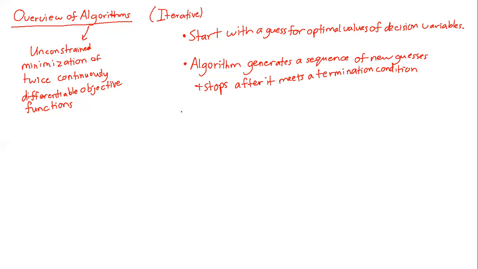And so how do algorithms determine and generate this sequence?